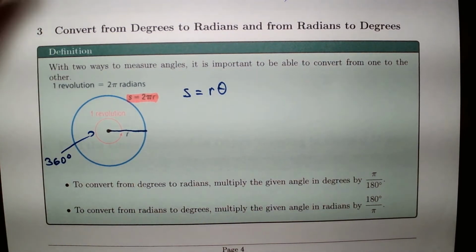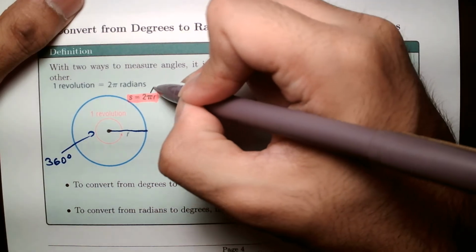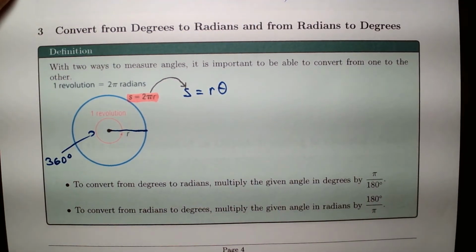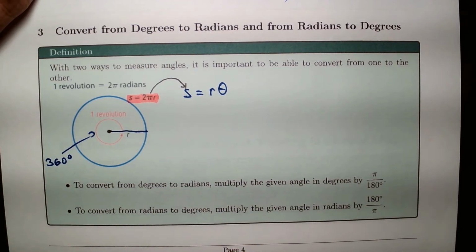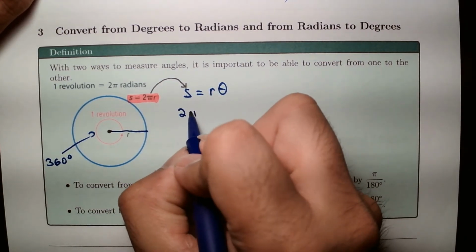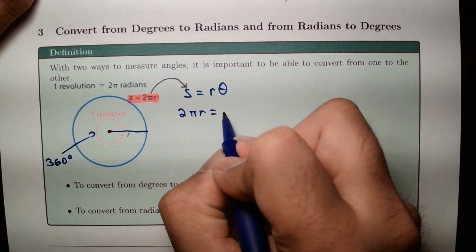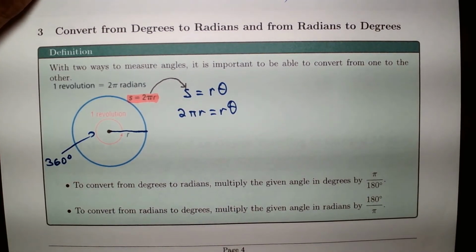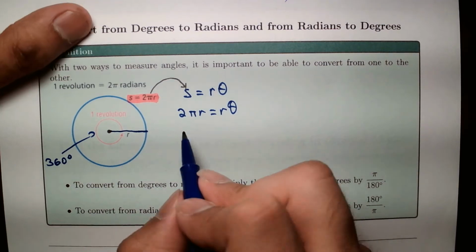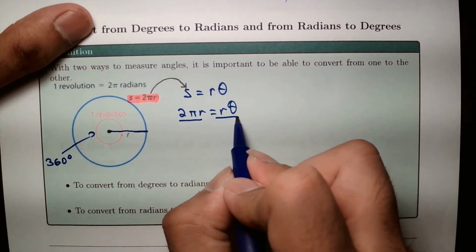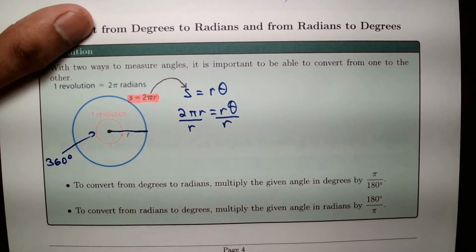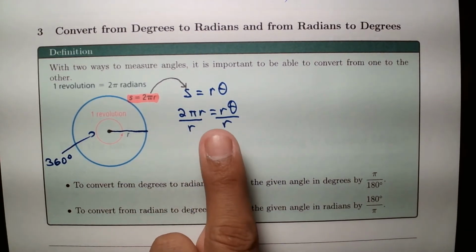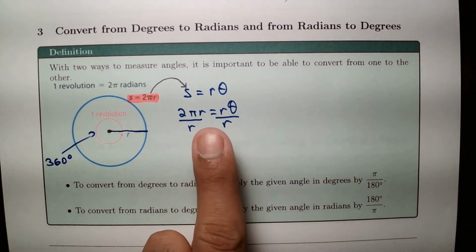So let's combine these together. What I'm going to do is replace this S with that. So what we get in this case is 2 pi radius equals the radius times theta, the angle. We can just divide by the radius, right? In algebra, we cannot always do this, because what if r is 0?